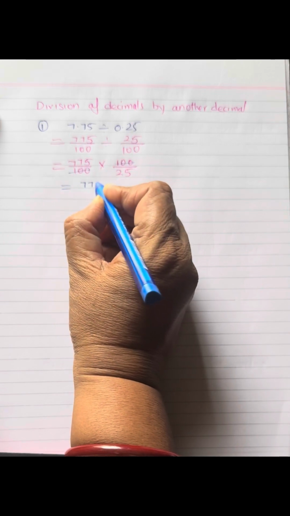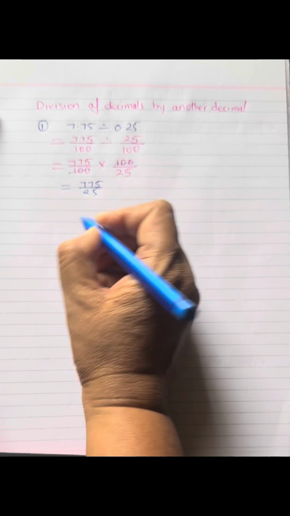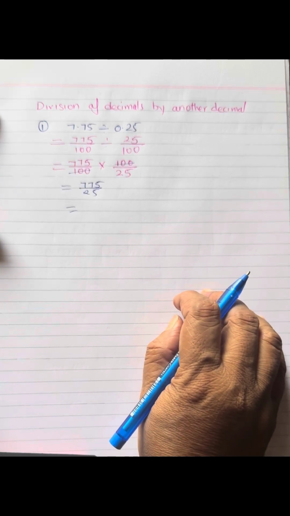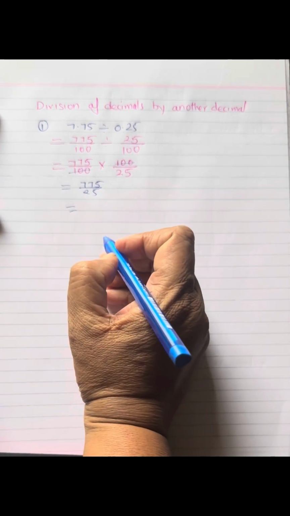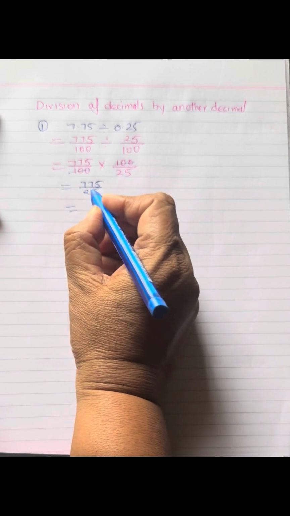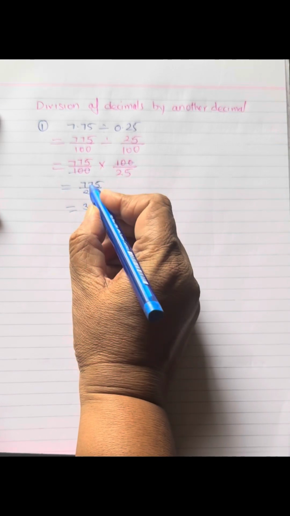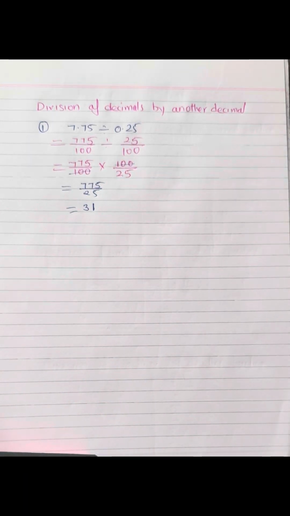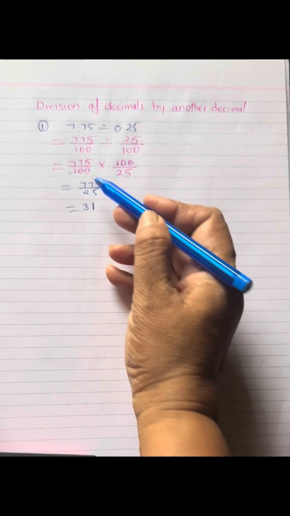Now what is left is 775 upon 25. This you can divide as we divide normally. This is simple. If you know the table of 25, you can divide directly also. 25 threes are 75, 2 will be left, 2, 5, 2 and 5. So the answer will be 31. Okay. This you can do in rough work also. 775 divided by 25.